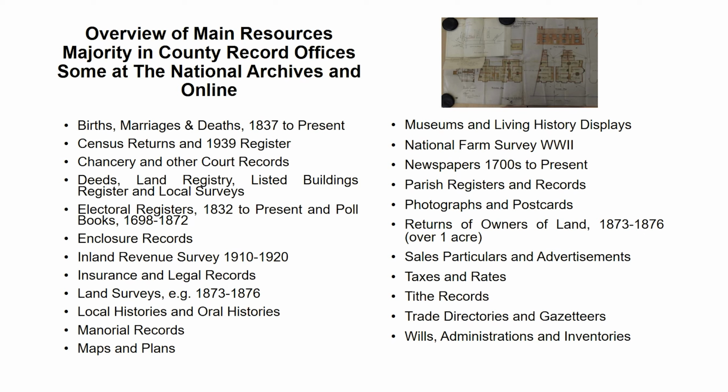I've also put on this list Chancery and other court records. Now, I'm not going to particularly look at these during this talk because they're deserving of a talk in and of themselves. But I would always encourage you to look at the Discovery Catalogue on the National Archives to see if there are any Chancery records and to investigate the potential of legal disputes, because many legal disputes were around inheritance or the ownership or tenancy of lands and properties.